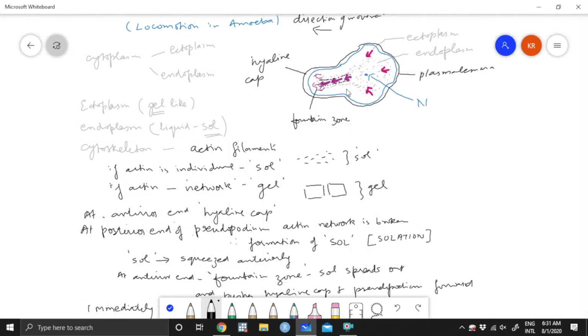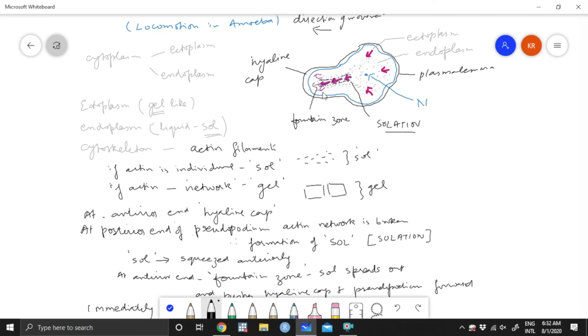So in the posterior region over here, what is the step around this part? Around this part, the gel is converted to sol. So it is called as solation. And at this anterior end, what is happening? The sol is converted to gel.